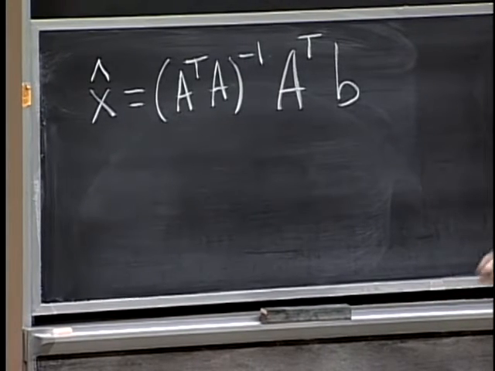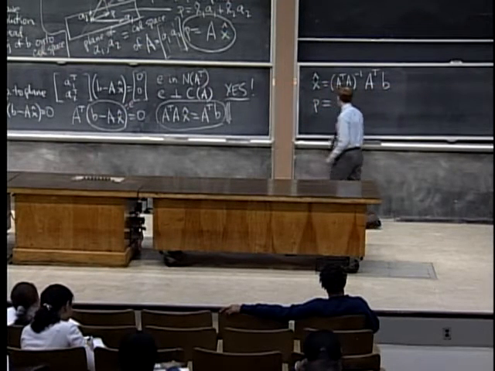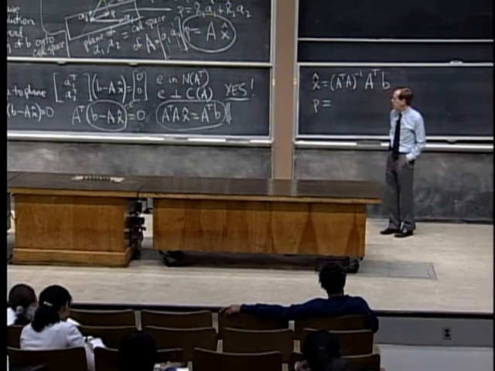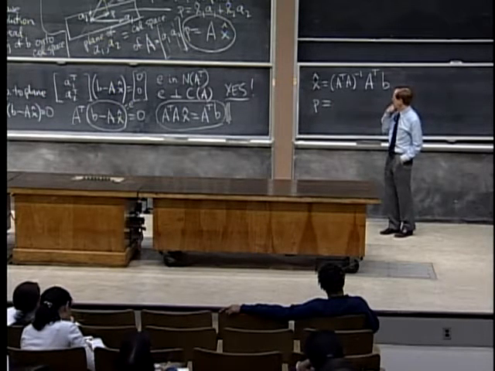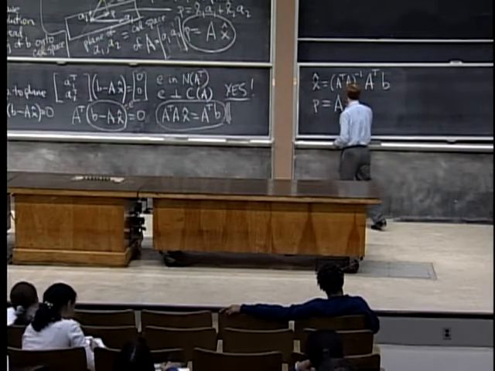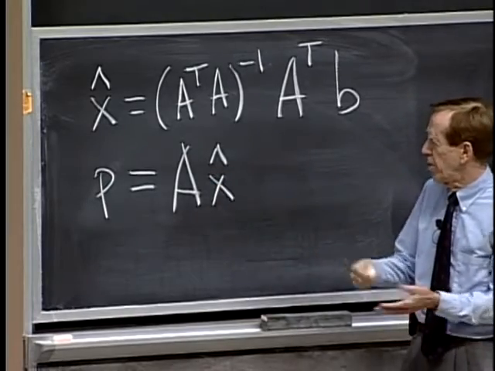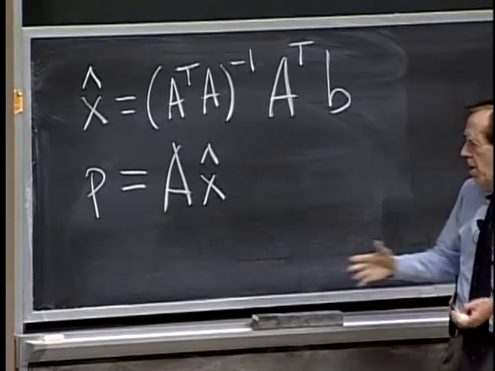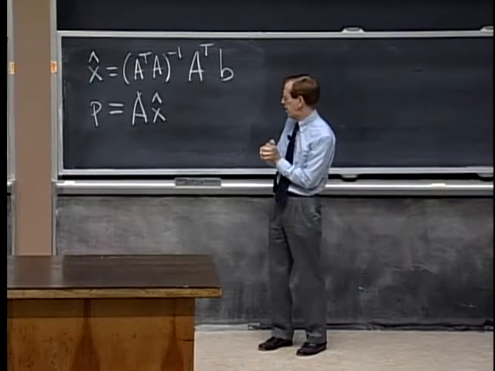What's the projection? That's more interesting. The projection is A x hat. That's how x hat got into the picture in the first place. x hat was the combination of columns, those numbers I had to look for, and now I found them, the combination of the columns of A that gave me the projection.